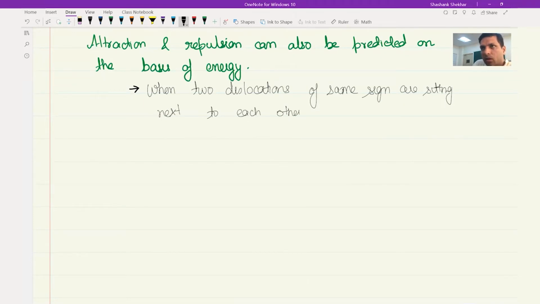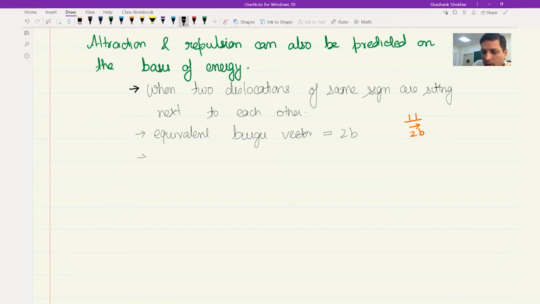What is the implication? The implication is the equivalent Burgers vector would become 2b, because those two are sitting very close to each other. So this will have an equivalent Burgers vector of 2b.